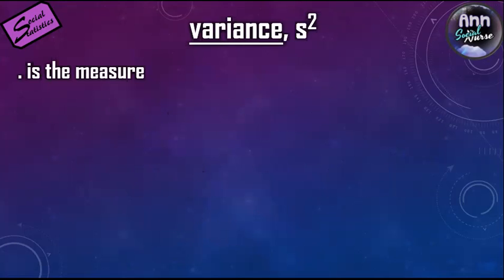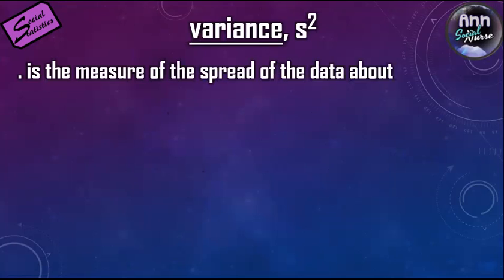So for variance, S squared is the measure of the spread of the data about the mean. So you now understand why the measure of dispersion comes after obtaining the measure of central tendency, because in variance, you need to have the mean of the data.